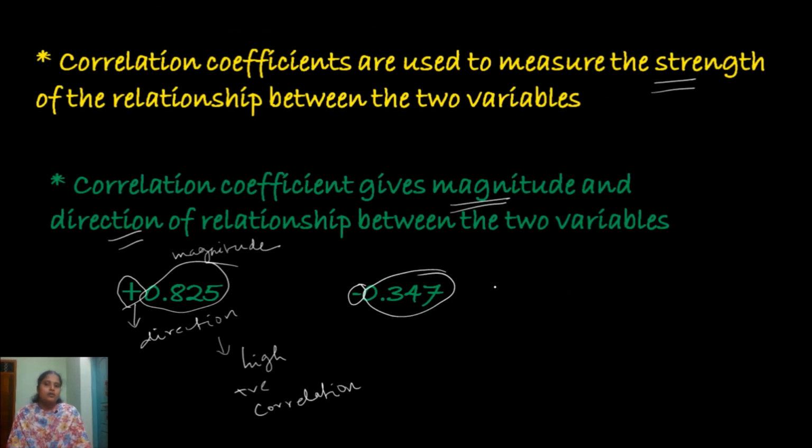So if it is minus 0.347, I can understand there exists a low negative correlation between the two variables.